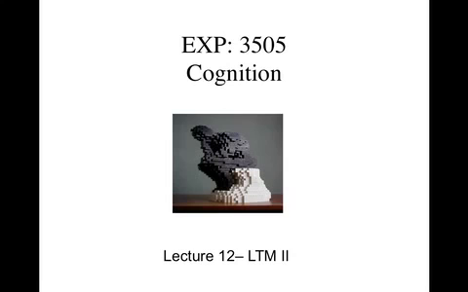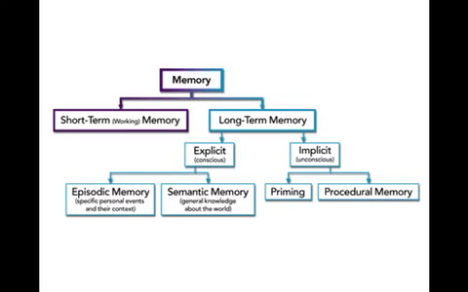Lecture 12 is the last lecture to be covered for this exam, and this should correspond mostly to chapter 7 in the textbook. So we talked about the fact that there are different kinds of memory. It can be carved up into short-term memory and long-term memory, which we already discussed. In addition, long-term memory can also be explicit and implicit.